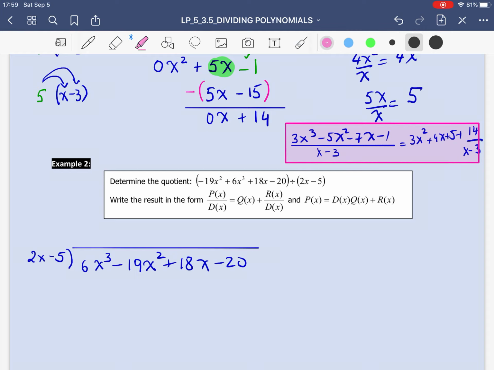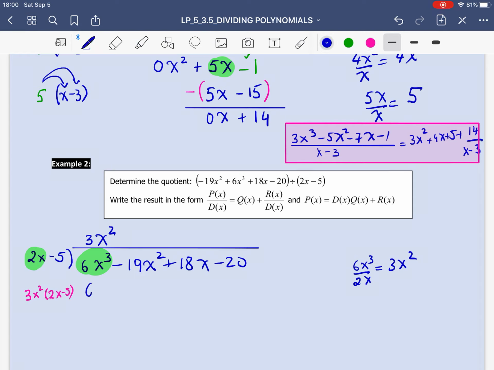So as we did before, we're going to check and see how many times 2x goes into 6x cubed. So 6x cubed divided by 2x equals 3x squared. So 3x squared will multiply 2x minus 5.